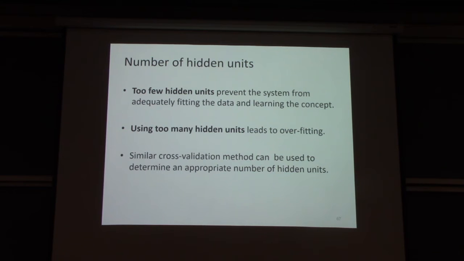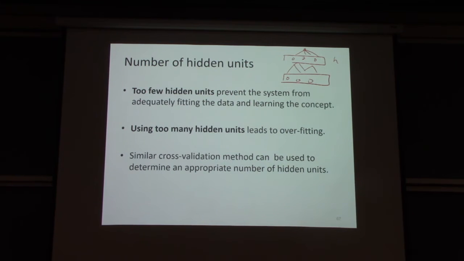Similar sort of thing about the number of hidden nodes. If you have very few hidden nodes, then your classifier may not be able to express really complex things. At the very extreme, if you have a two-layer network, with an input layer, a hidden layer, and an output, fully connected, let's say the hidden layer has only one neuron.